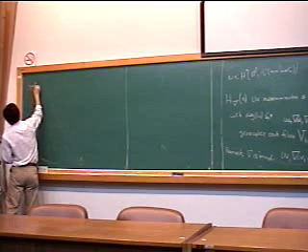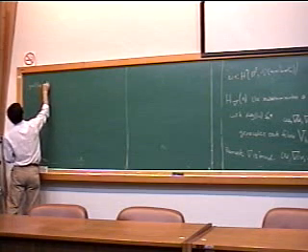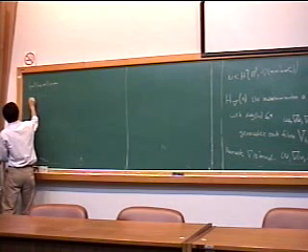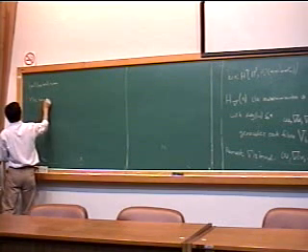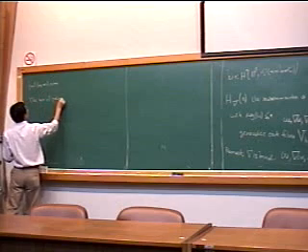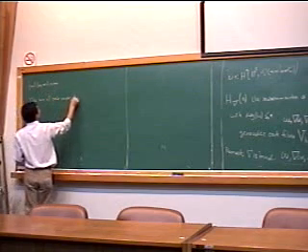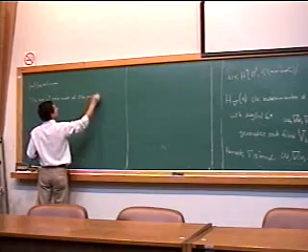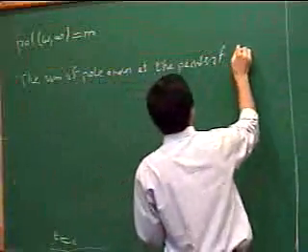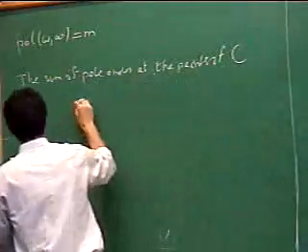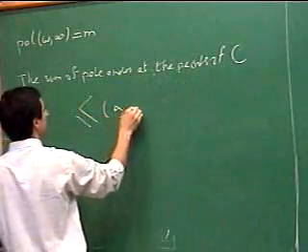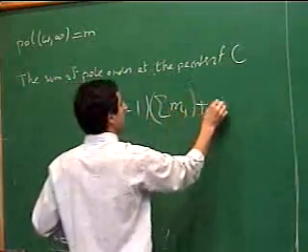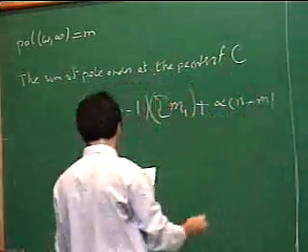Let us say, for example, that the pole order of omega at infinity is m. Then the sum of pole orders at the points of C is going to be less than alpha minus 1 times this sum, alpha n minus m.